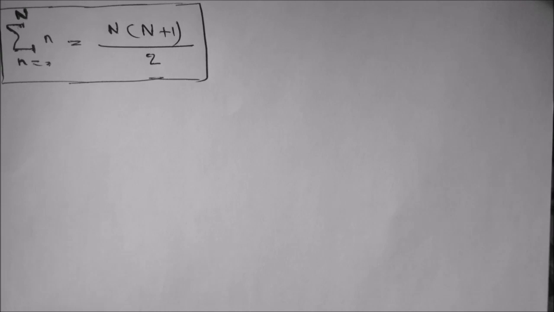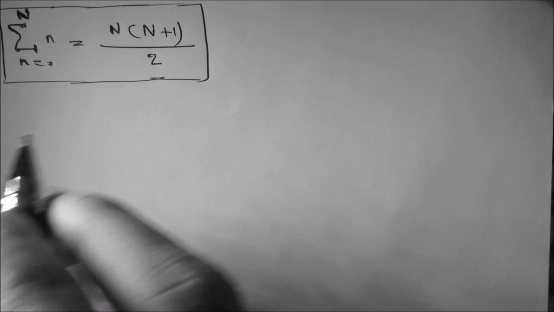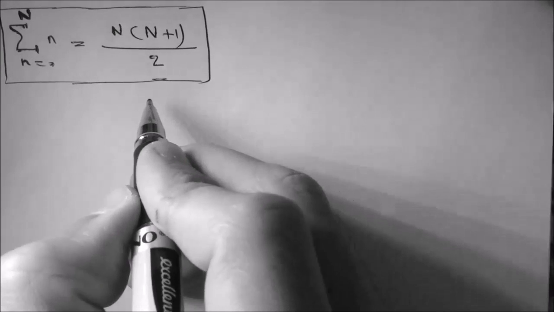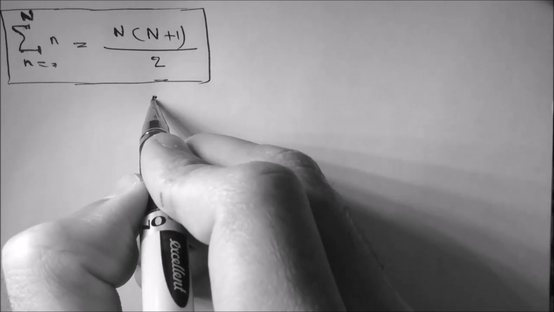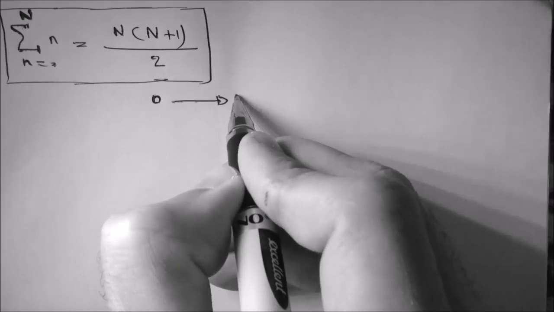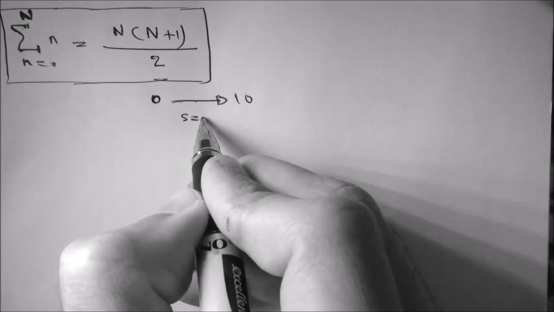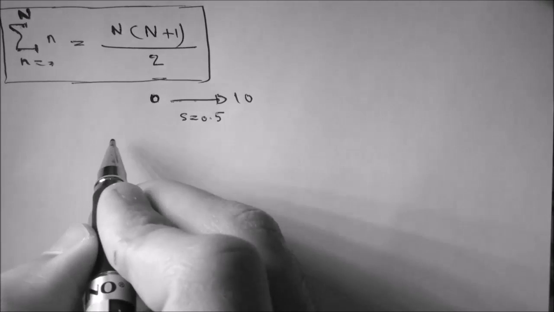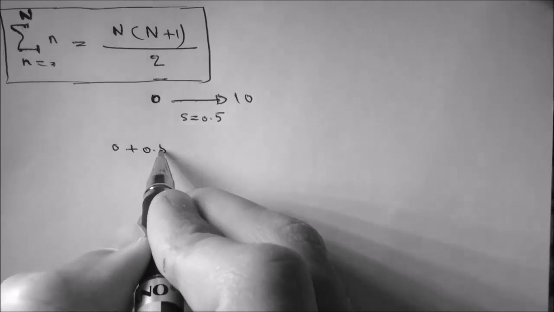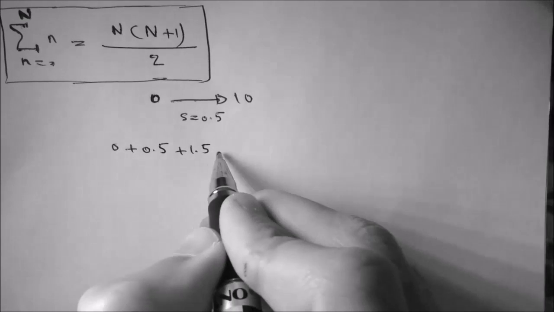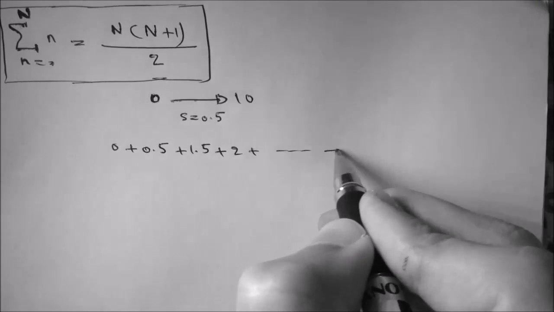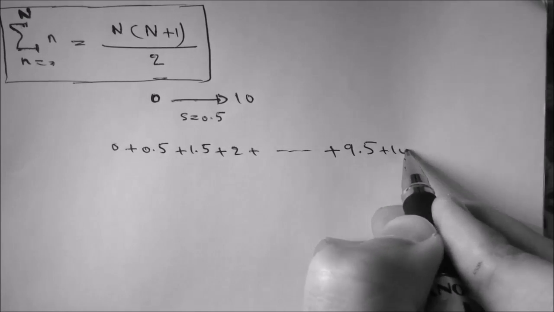Now we want to complicate the problem a bit. We want to find the sum between 2 points, 0 for example and 10, but using a step of 0.5. So what's the sum of 0 plus 0.5 plus 1 plus 1.5 plus 2 plus other points plus 9.5 plus 10?